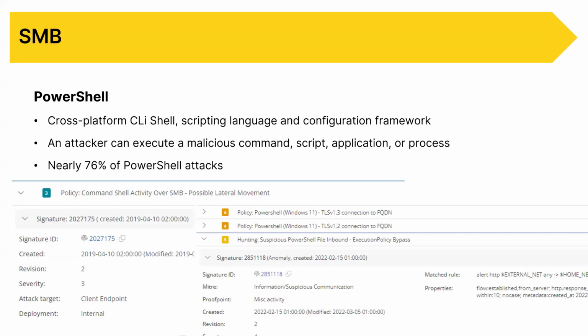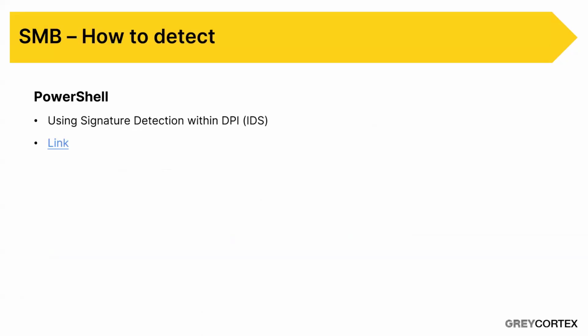So yeah, we like to see what we can monitor there, or what is going on if it's in the wrong hands, right? What we use to detect it is also the IDS part for PowerShell, and let's see what we can see in the system if it's detected.